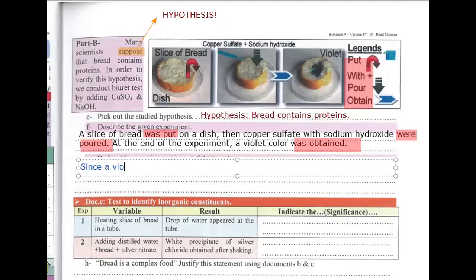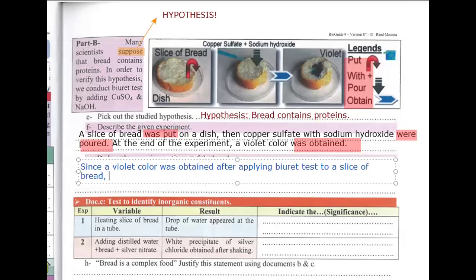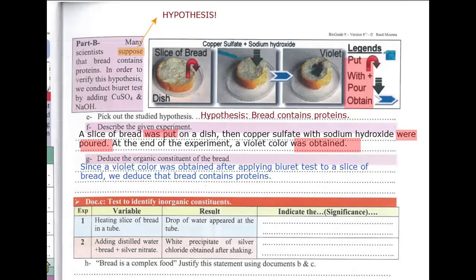Since a violet color was obtained after applying the violet test to a slice of bread, what do we understand? We deduce that bread contains proteins. Okay, with deduce I must justify first and then write "we deduce that."